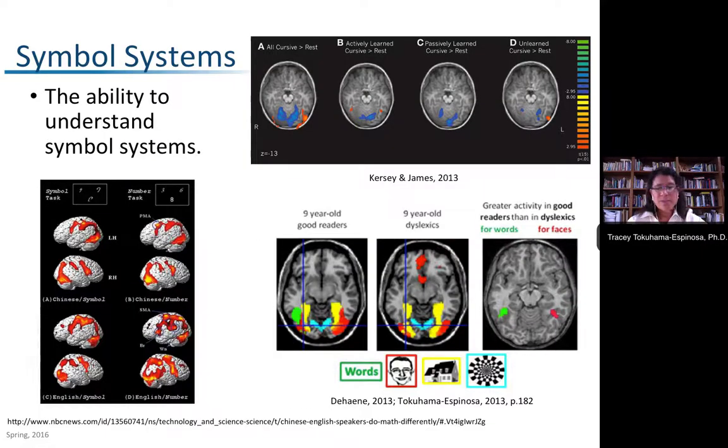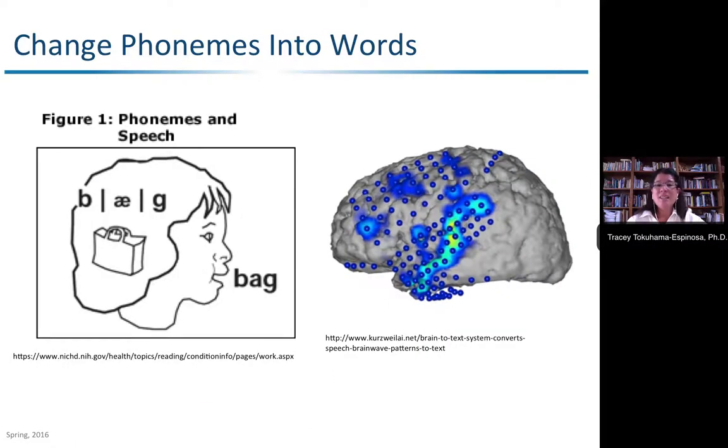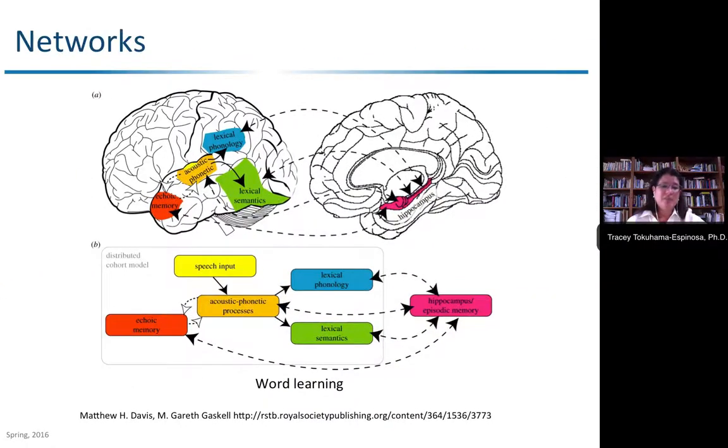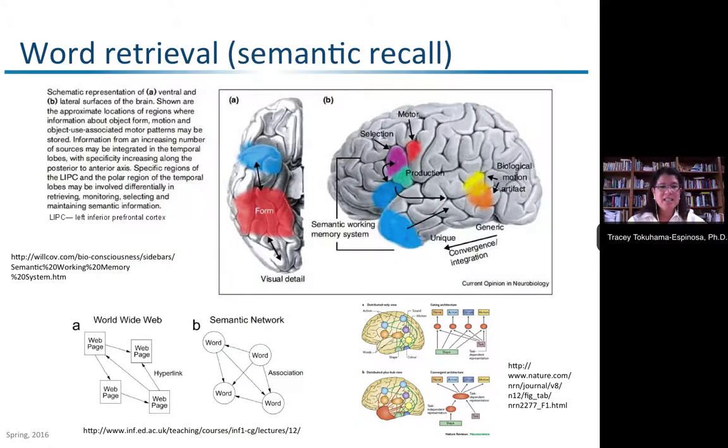Additionally, we have symbol system knowledge, understanding what a cursive A looks like as compared to a capital A, as compared to a small a, is a different neural pathway. As is phonemes. Turning those different symbols into phonemes and turning those phonemes into words is a different neural pathway that is different from putting it all together. How do you learn a new word? Reading also implies things like semantic retrieval. Do I understand the meaning of this particular word?